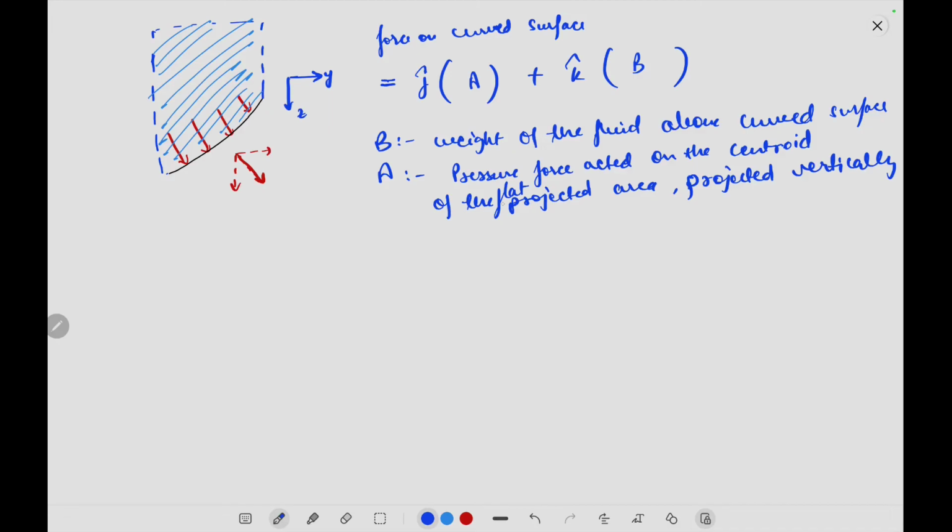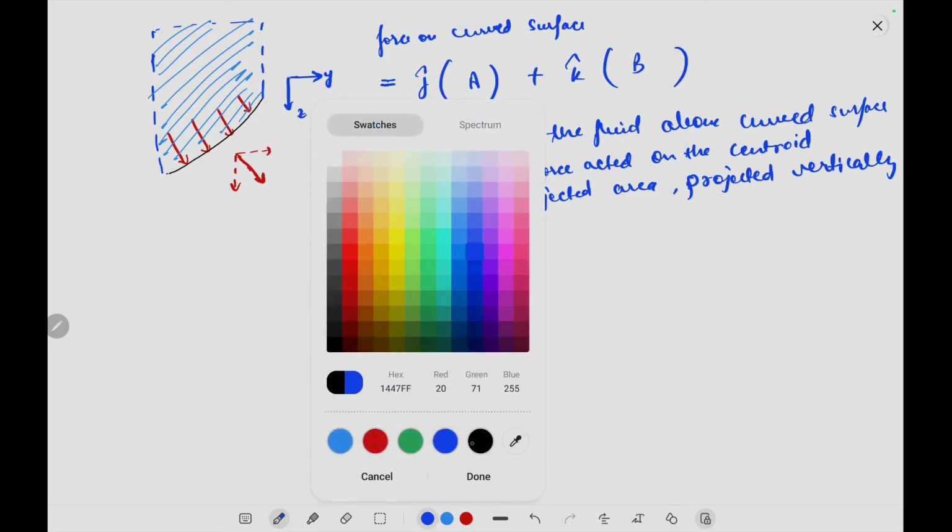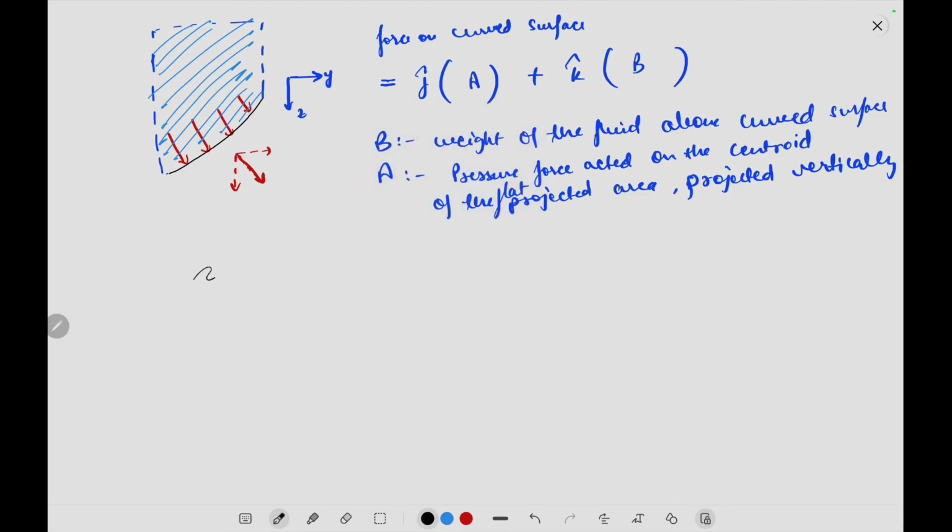And please note that when you are writing the weight of the fluid above the curved surface, it does not mean that this has to be actual fluid above the curved surface. It can be the hypothetical weight of the fluid as well. So let's say the curved surface is not given like this, but is given like this.